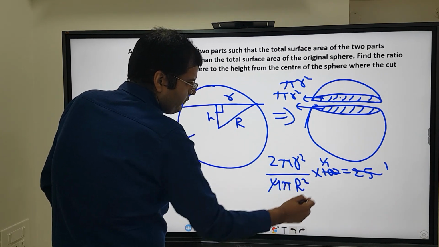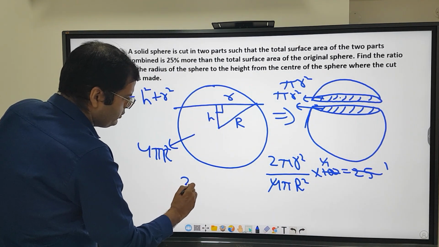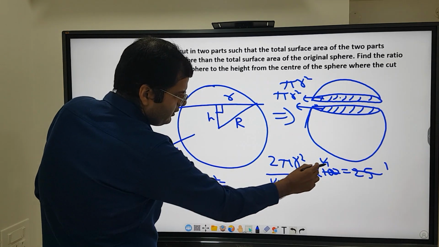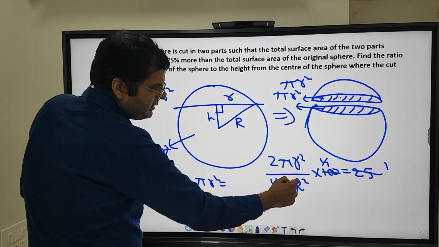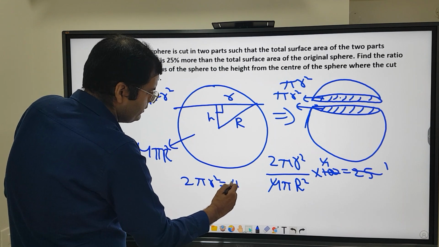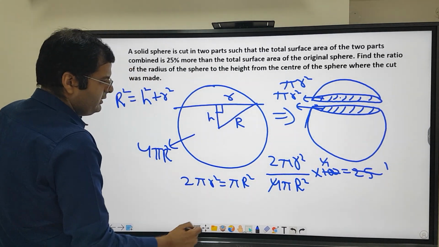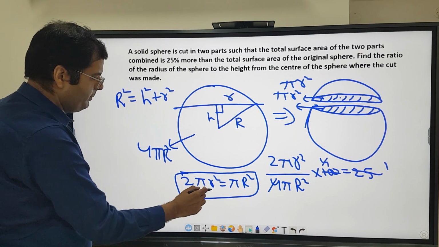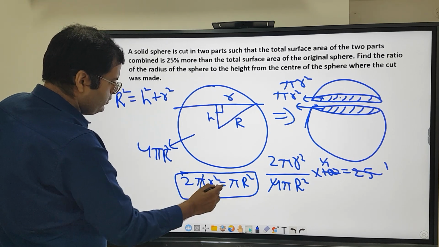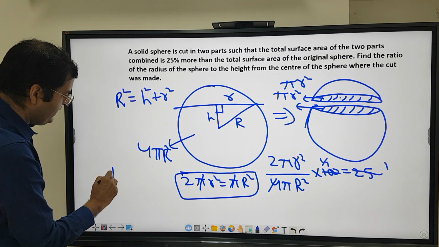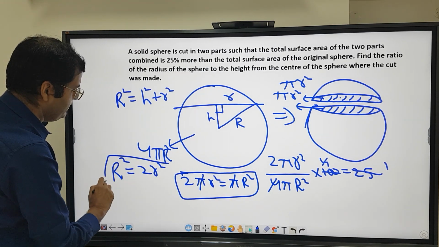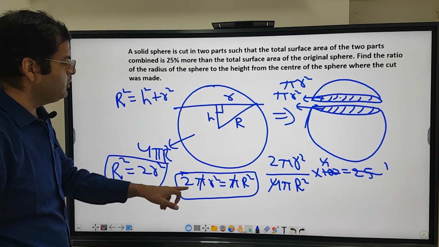This 4 goes and this 4 goes. So what I get is 2 pi small r square is equal to pi into capital R square. So 2 goes away, and capital R square is equal to 2 small r square.